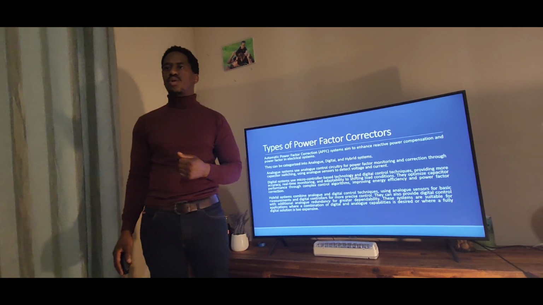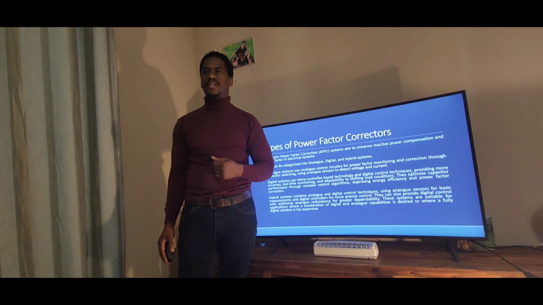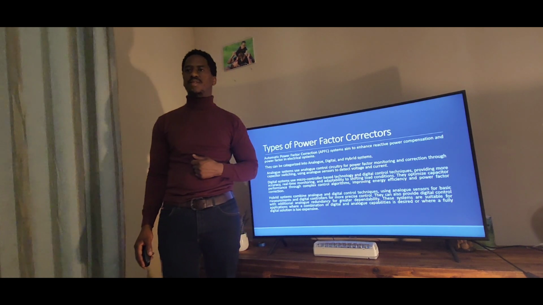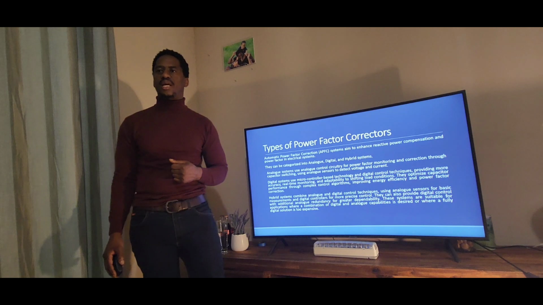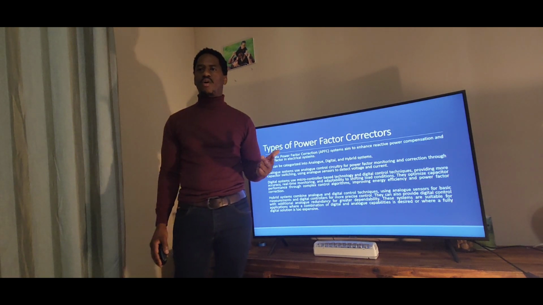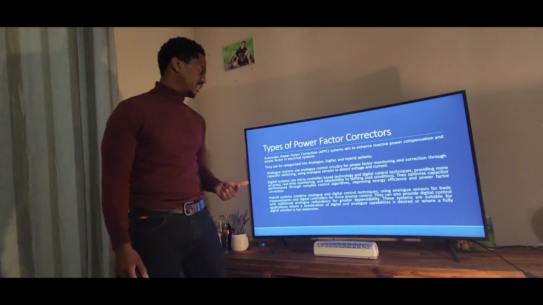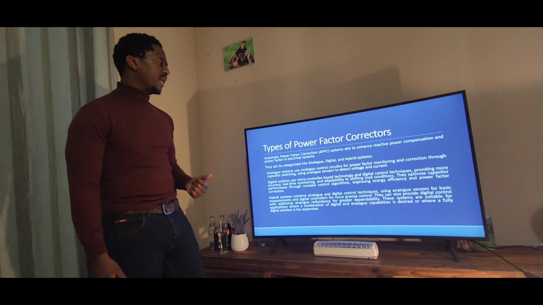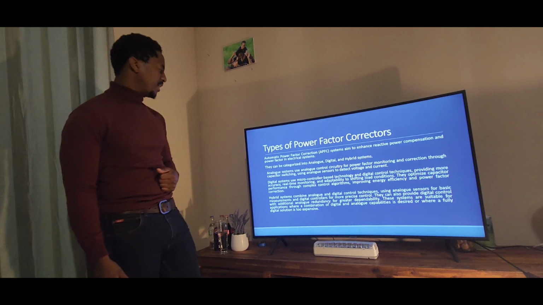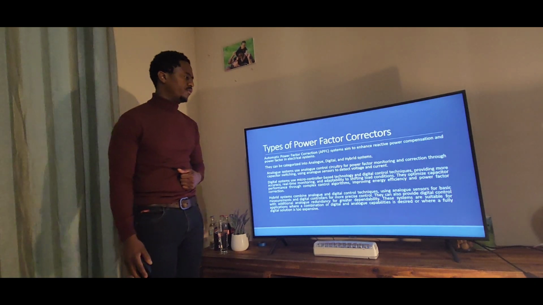They optimize capacitor performance through complex control algorithms, improving energy efficiency and power factor correction. Hybrid systems combine analog and digital control techniques, using analog sensors for basic measurements and digital controls for more precise control.